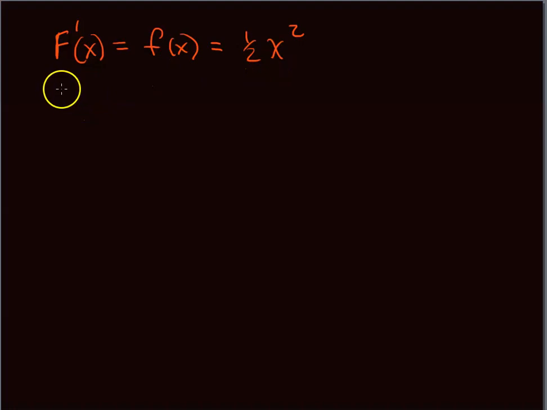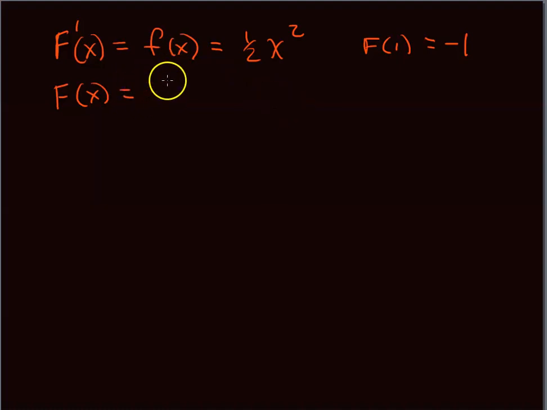We wanted to find capital F of x, and we wanted to find it for the precise function, not with the plus c, but the exact function. So, if you also know that capital F of 1 equals -1, then you can plug that into the capital F and find out what c is.